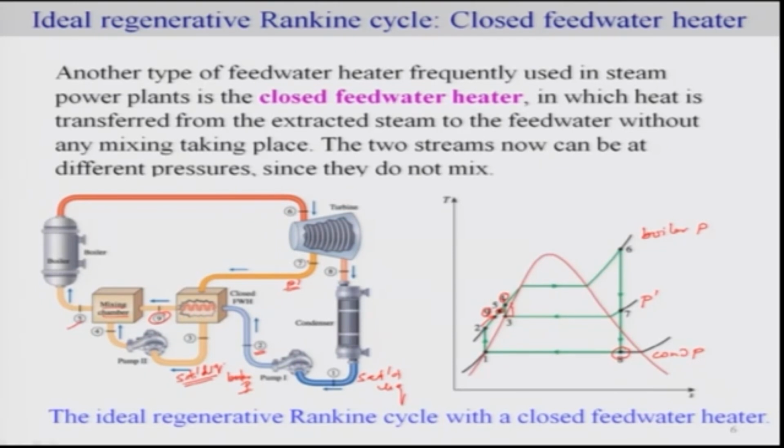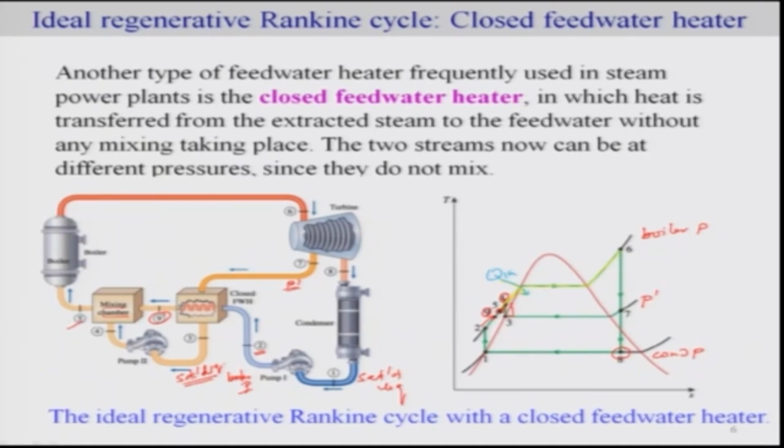Now you can clearly see that this region here will be supplied by Q. So, this will be your Q in this region, which is the yellow one.